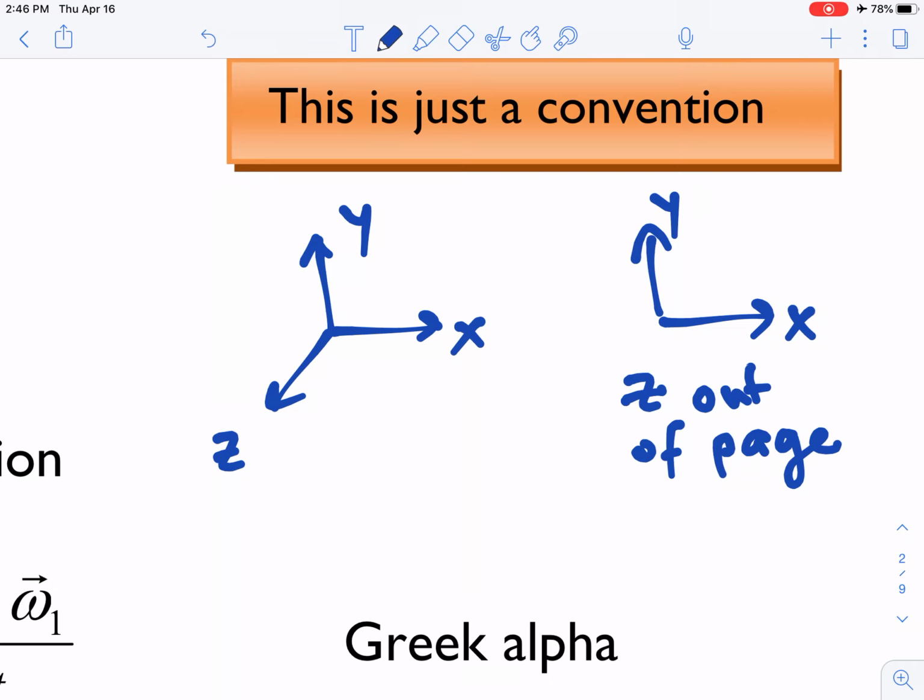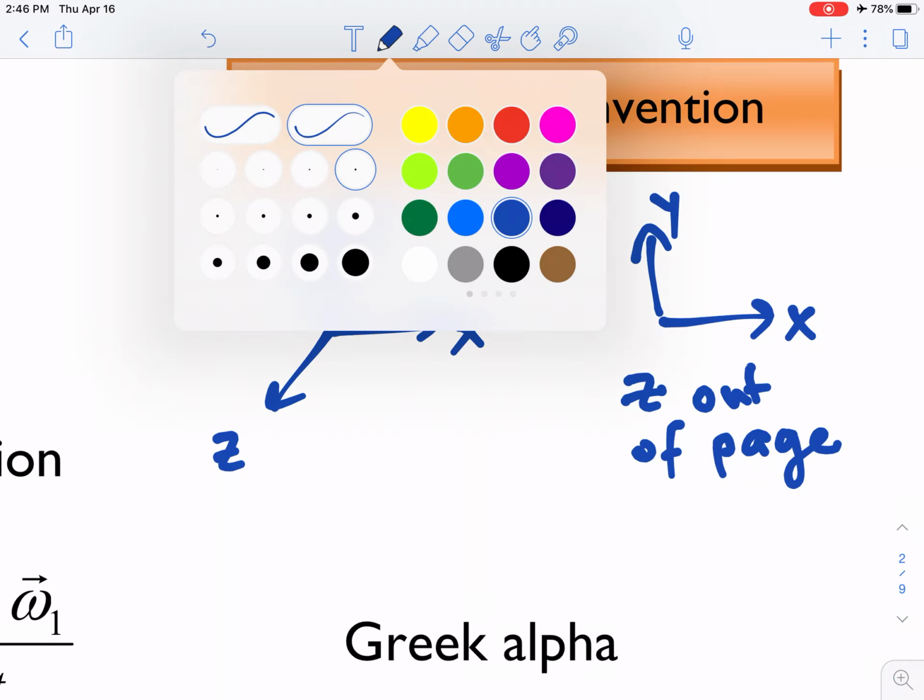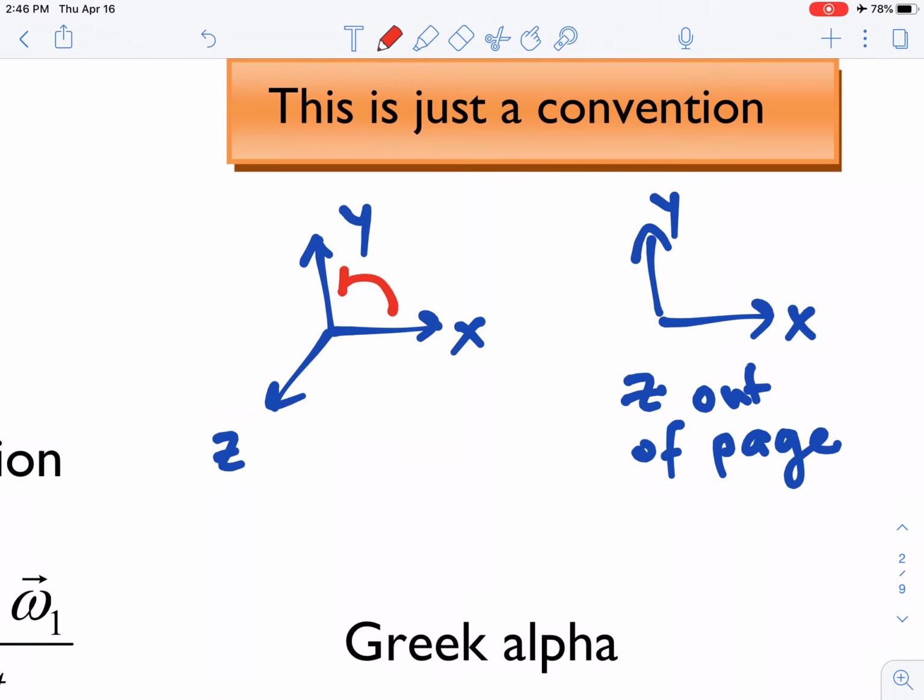So let's try to understand. If I go from x to y, that's the rotation direction. Follow that direction with your four fingers. Make sure your thumb is stretched out. When you do that, this direction is what? Counterclockwise. And what is the direction of the thumb in this case?